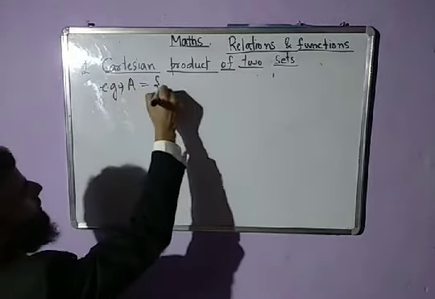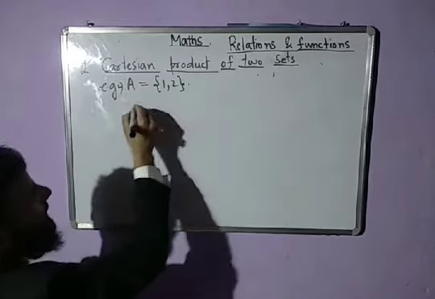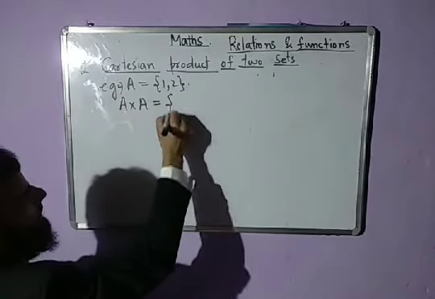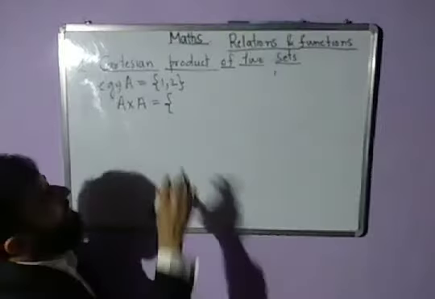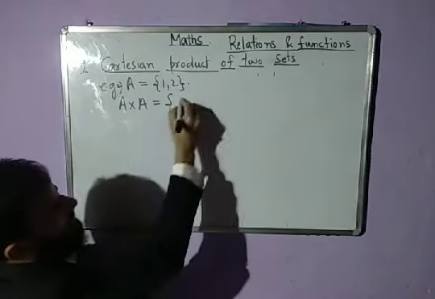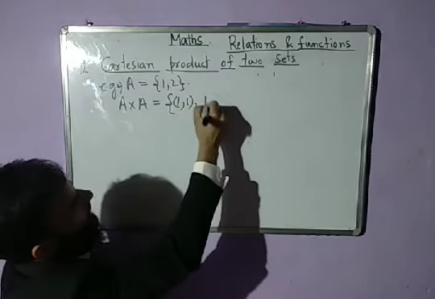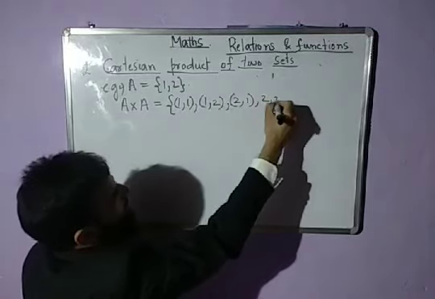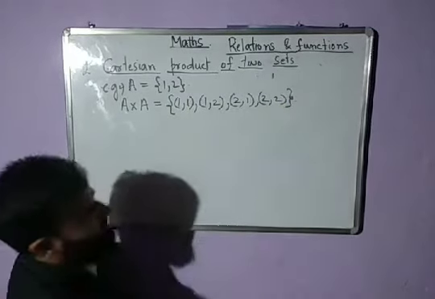Let's suppose A is {1, 2}, and you want to calculate A cross A. What does it mean? You have the Cartesian product of two equal sets. It is called the Cartesian product of two equal sets. So we can take (1, 1), (1, 2), (2, 1) and (2, 2).